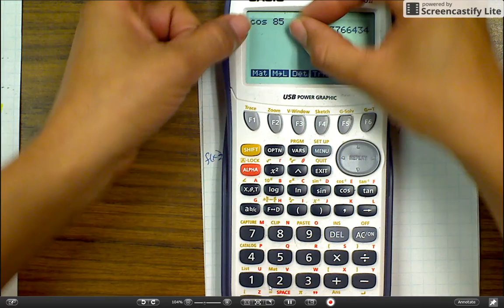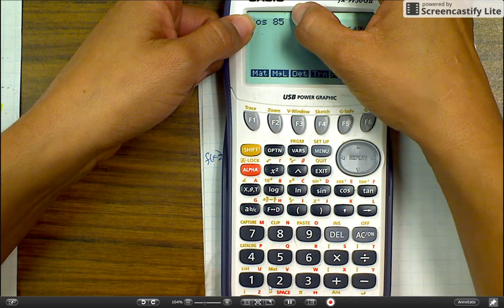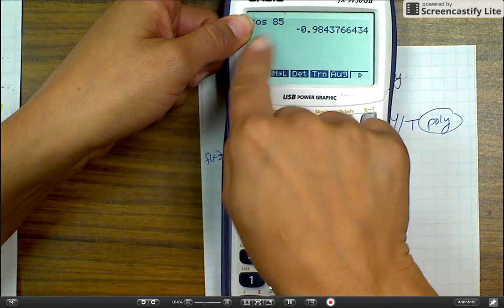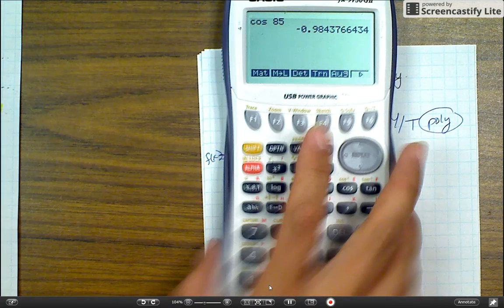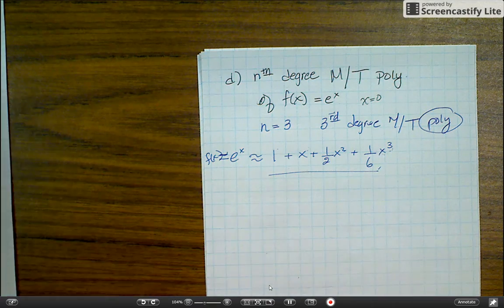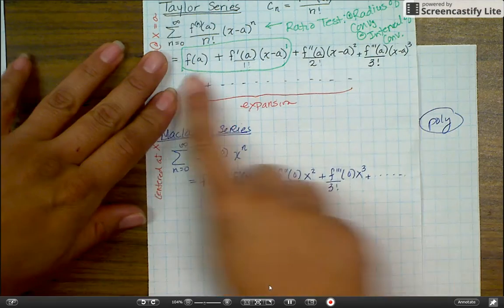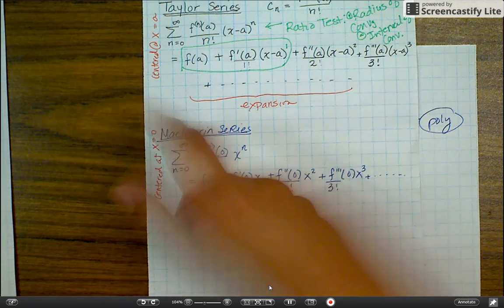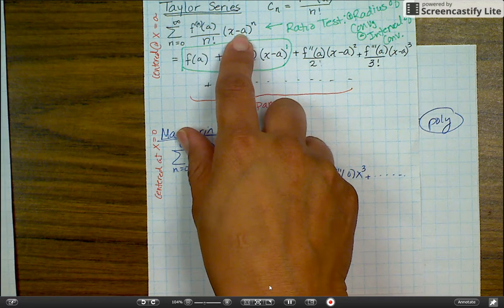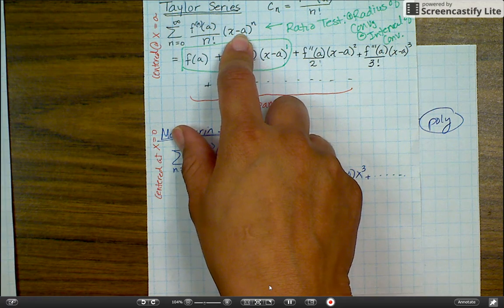It has a Taylor polynomial in there where it runs that program and it does this equation for every single x equal to a, whatever one I want to approximate at.